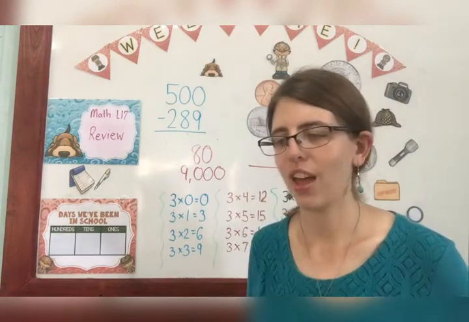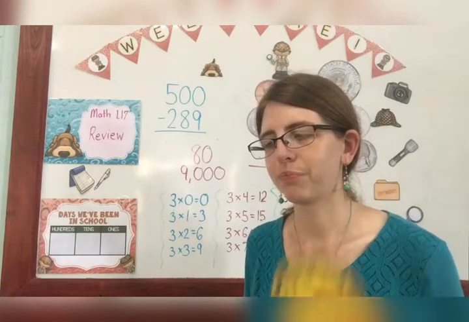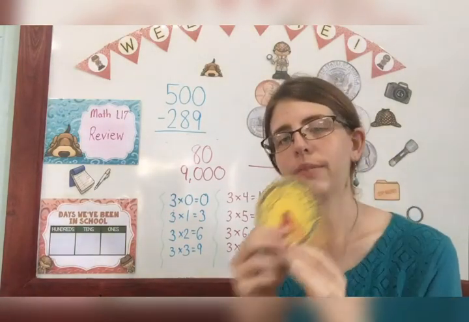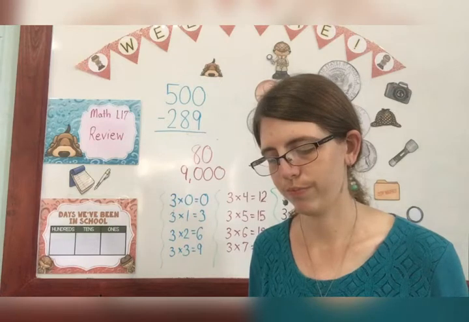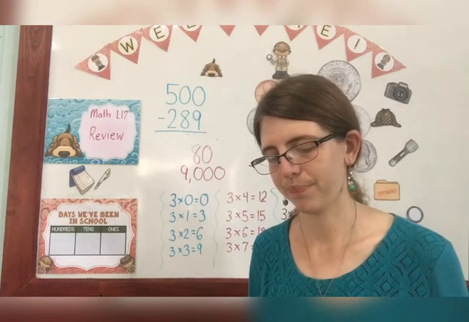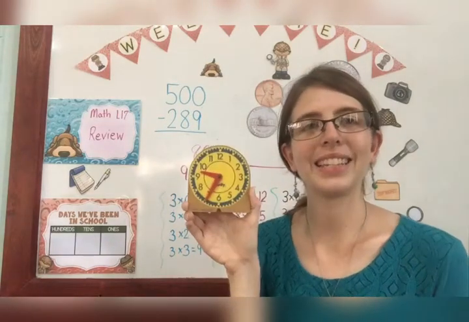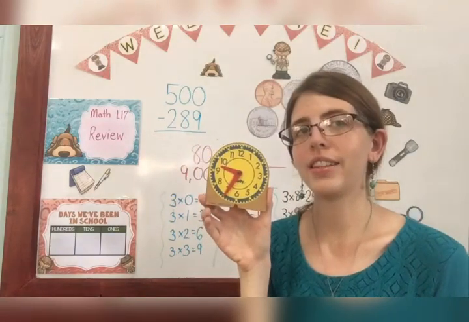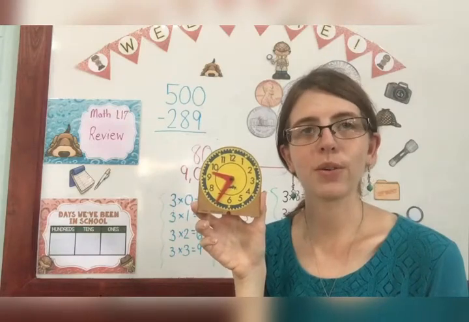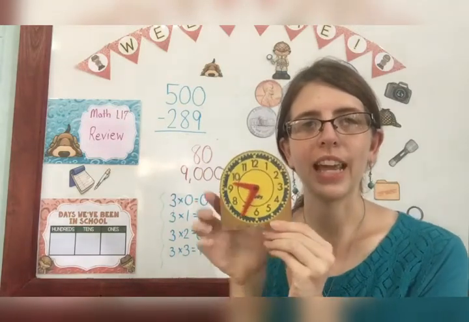So that's a quarter past 7. Very good. Let's say it is 9:35 and I want to know the time 20 minutes later. What am I going to do? Well, I'm going to take my minute hand and I'm going to count by 5s till I get to 20. 5, 10, 15.